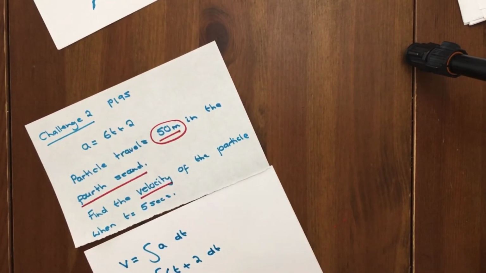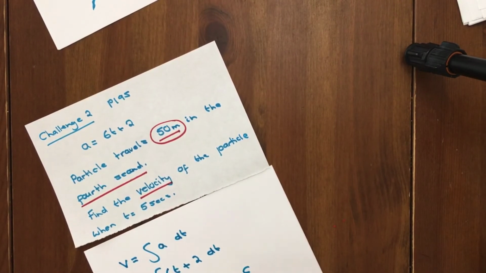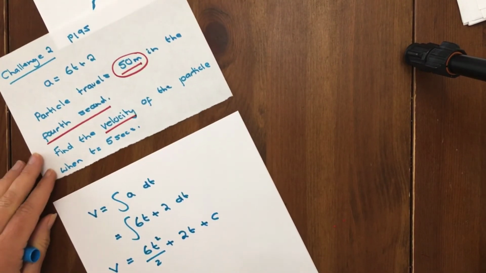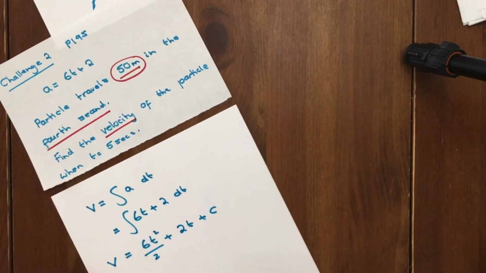So add 1 to the power, divide by the new power, plus my constant of integration. Unfortunately, in this case, I cannot find c straight away because I haven't got the initial condition of what the velocity is when time is 0.